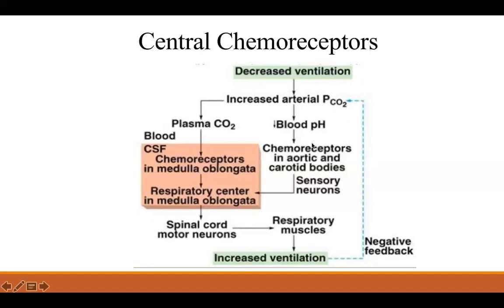This is detected by chemoreceptors. These are peripheral chemoreceptors that they're talking about. Peripheral chemoreceptors, by the way, are in the aortic arch and in the carotid bodies. These are the same locations where you have baroreceptors as well. Okay. In any case, they're activated. They take the signal to the medullary respiratory center, and then what do you expect?